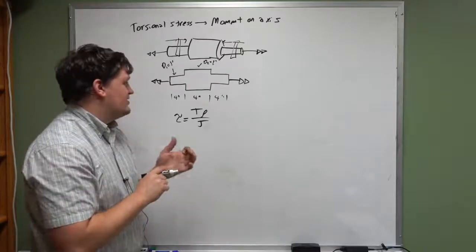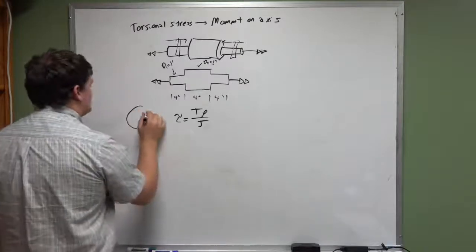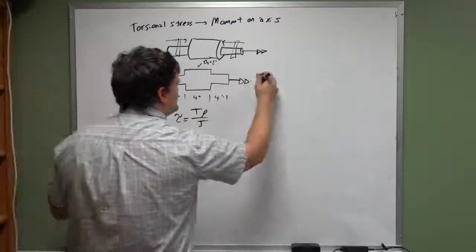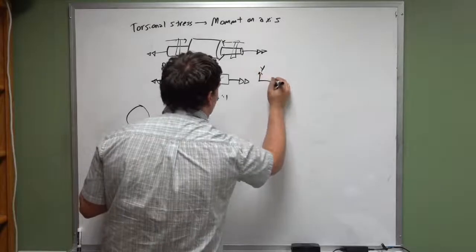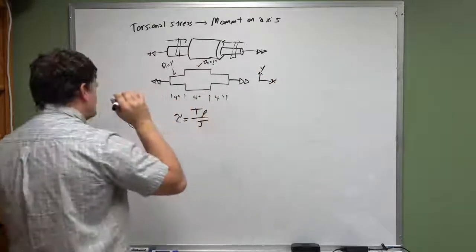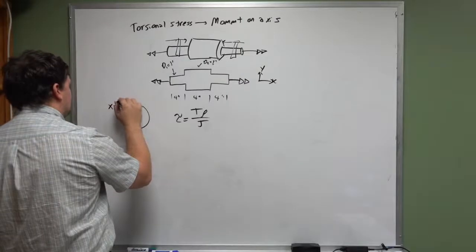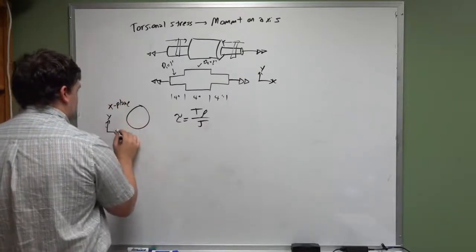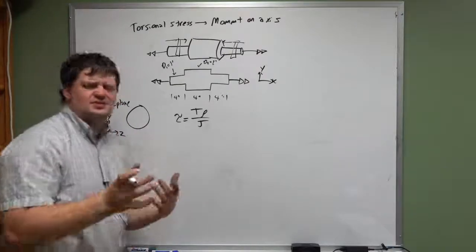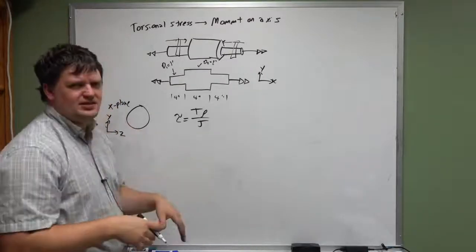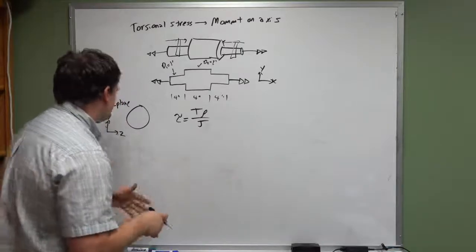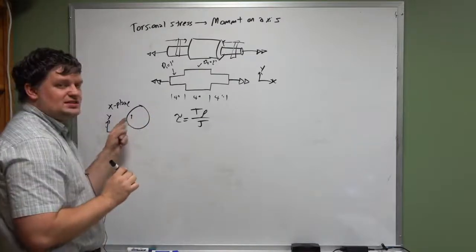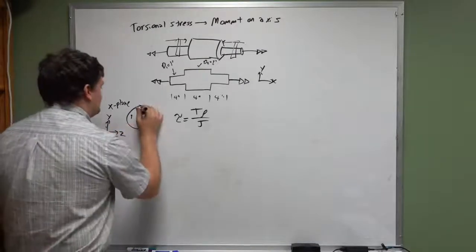Well, this is kind of hard, because if we draw a circle here, the shear stress is being generated on a plane, the y-z plane, if we look at it so that this is the x plane, where you see y and z, you don't see any x. Kind of the interesting thing about it, I discussed that in the last lecture. In this plane, at this location, you're going to have a y-facing shear force.